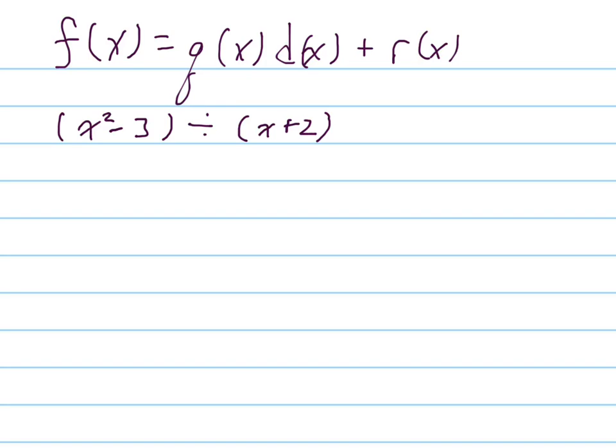Well, when I set this up, notice that the x squared minus 3 polynomial is missing a term. So when I set that up, I have x plus 2 divided by x squared. Which term am I missing? I'm missing the x term. So I had to put in a placeholder, plus 0x minus 3. And we do that so that we don't make a mistake when we do our division and bring down the wrong number, and it just keeps things in nice, neat order. All right, so that's how we do it.